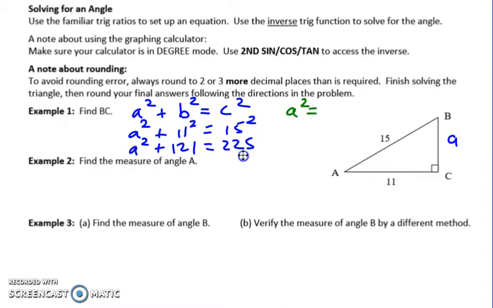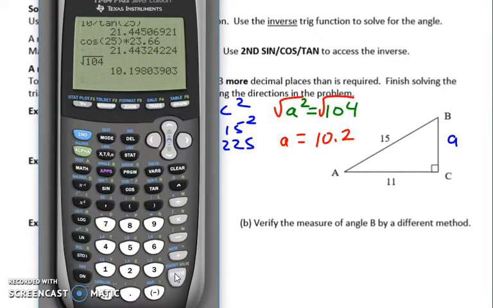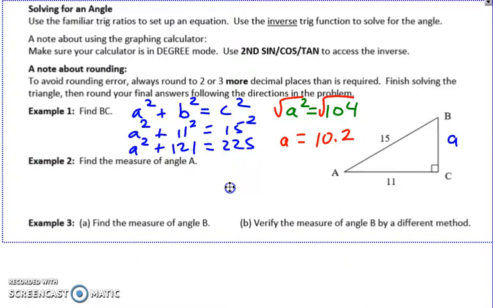You get a squared is equal to 104. So then square root both sides. So that you're going to get a is equal to 10.2. Put the square root of 104 in your calculator, second square root 104, you get 10.2. Okay? So there we have a, which is the same as BC.